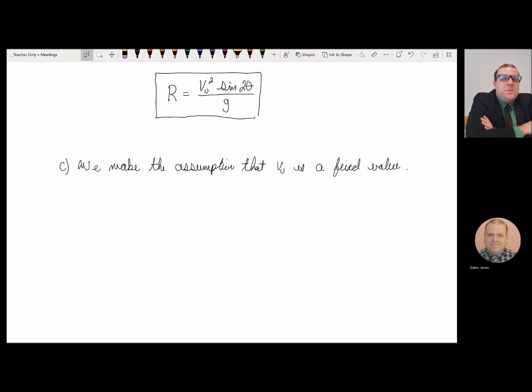Right? So we take the derivative of range with respect to theta, because we're assuming that initial speed is a fixed value. Well, that should make this very easy. What's the derivative of our range with respect to theta?